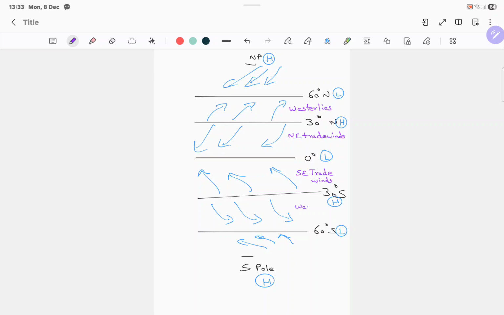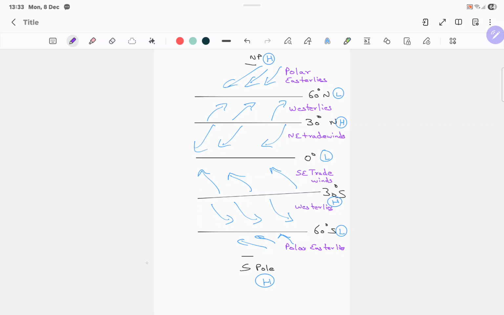These are also your westerlies. Then these will be your polar easterlies, and here also polar easterlies. And that's all you have to remember.